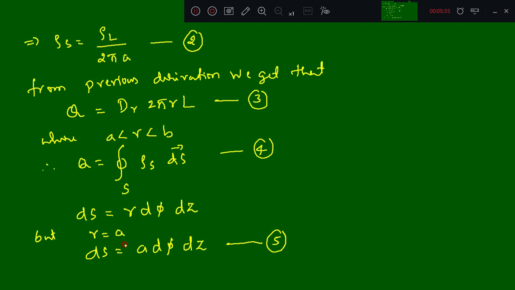Now we have the value of ds, and rho s is there. So we substitute equation number 5 in 4.